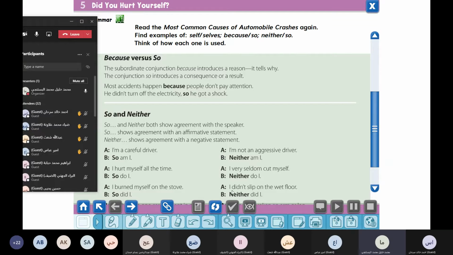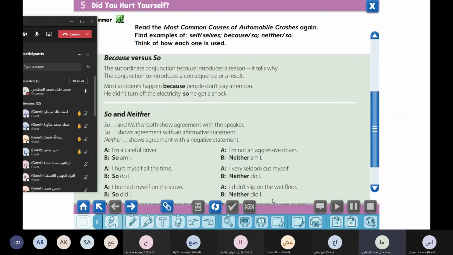Who can read the third? Can I read, teacher? Ibrahim, read. I didn't sleep on the wet floor. Neither did I. Again, here, if you want to use so and neither, we need two people.